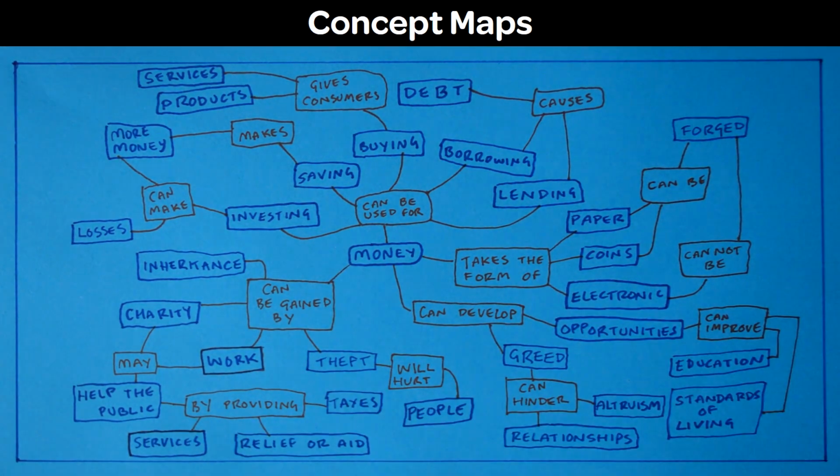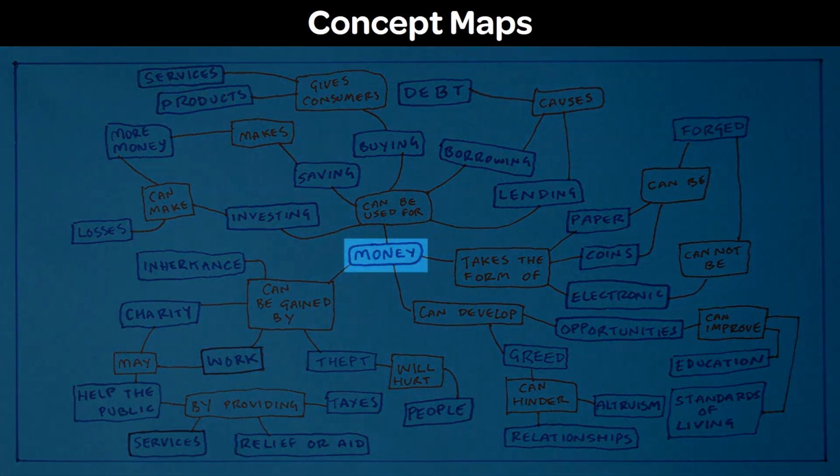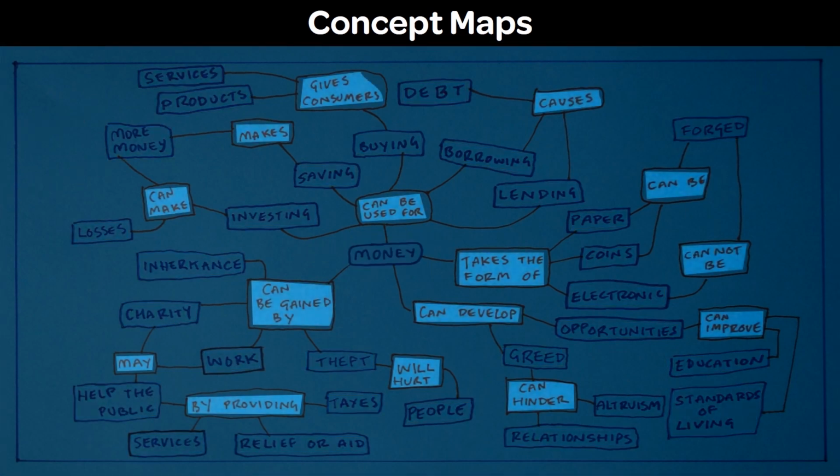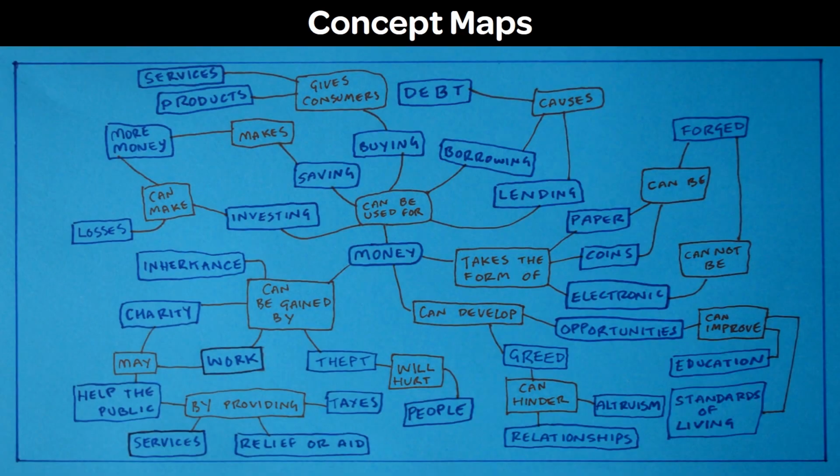In retrospect, I could have joined this up with services at the top of the page, but hopefully by now you will have seen the relationship between the main topic, the related concepts, and the linking phrases or words showing the relationships between the concepts. Once again, this could form the basis for an essay. Remember to look just below this video on Moodle, and there you will find links to additional resources all about mind maps and concept maps.